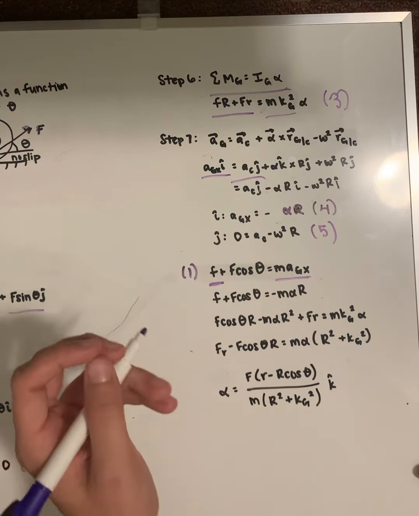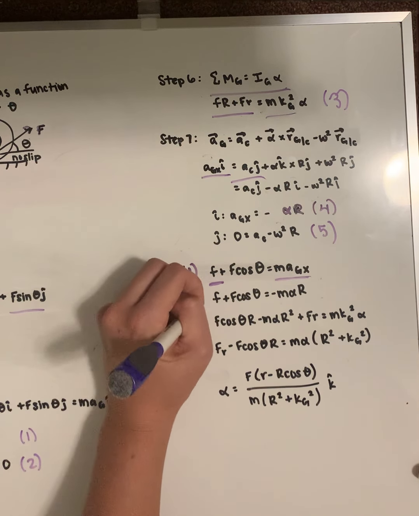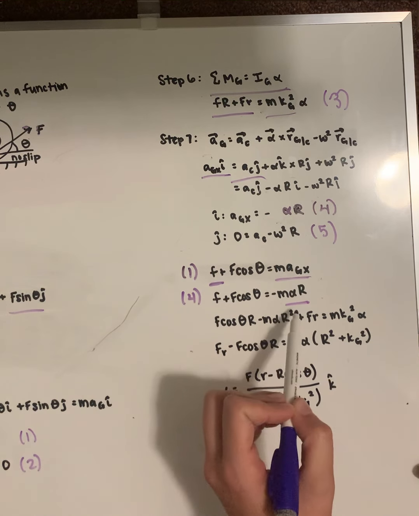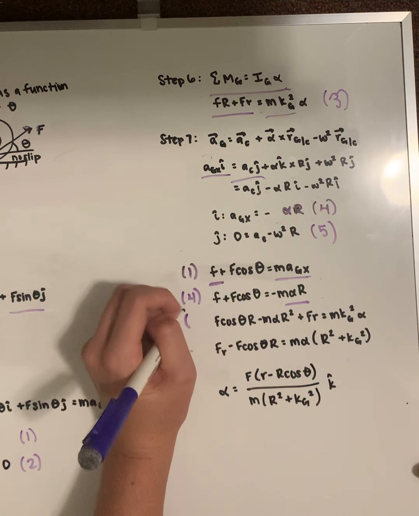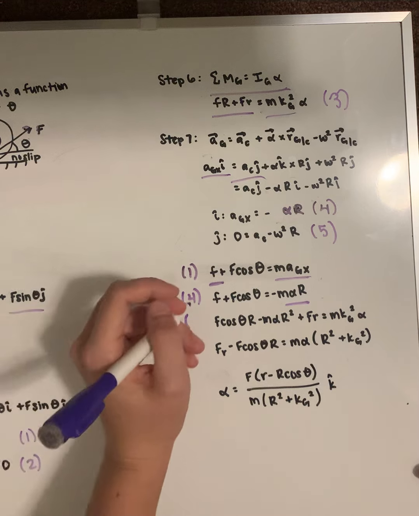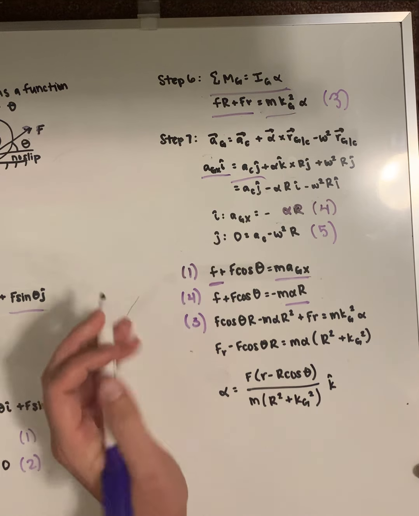To solve for those, first I plugged in equation 4 for AGX to find that it is the angular acceleration times big radius R, and then I plugged in equation 3 to find the rest.